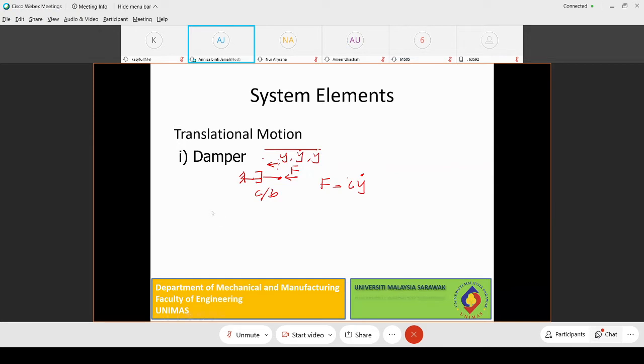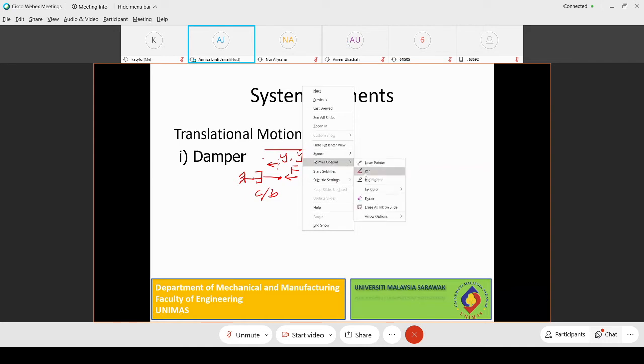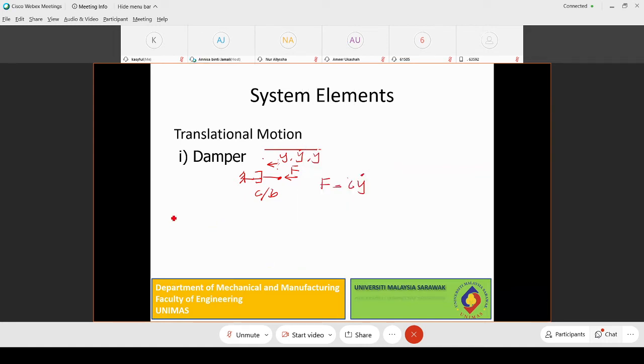So the work done by the damper would be work equal to the integration of the force, C y dot dy.